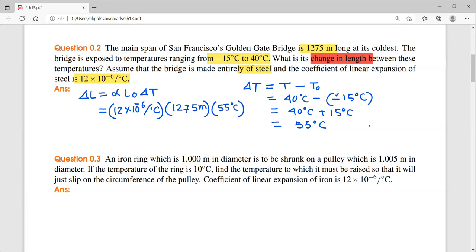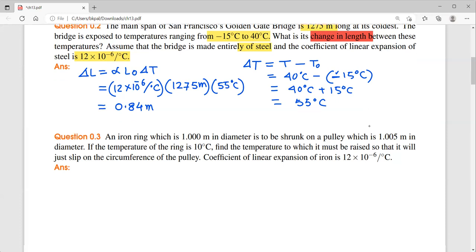If you plug these three values into your calculator correctly and multiply, you should get 0.84 meter. That means between winter and summer, when the temperature changes from minus 15 degrees Celsius to 40 degrees Celsius, the length of the bridge changed by 0.84 meter, approximately 1 meter.